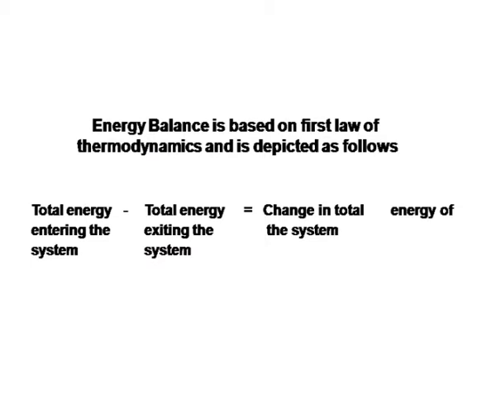Energy balance is based on the first law of thermodynamics and is depicted as follows. Total energy entering the system minus total energy exiting the system should be equal to the change in total energy of the system. Therefore, when a system is undergoing any process, the energy entering the system minus that leaving the system must equal any change in the energy of the system.